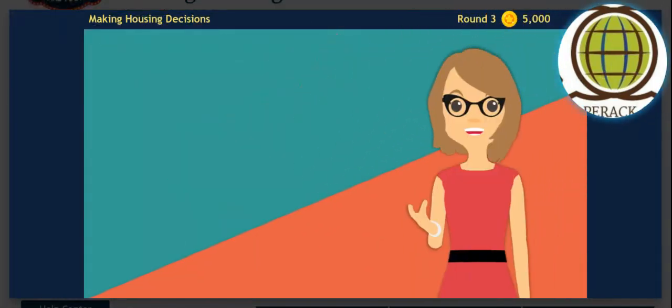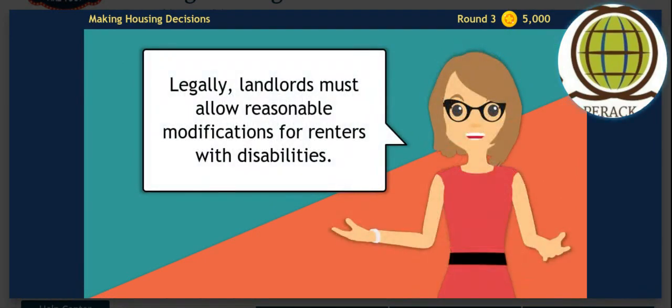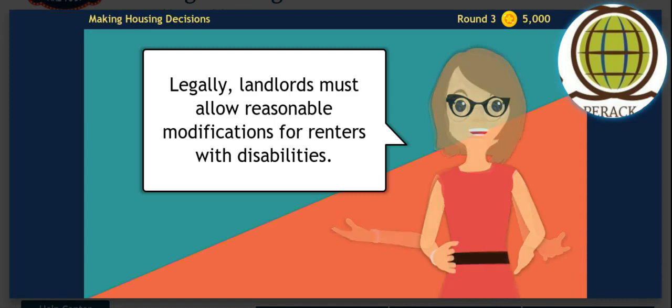That's correct. Paulo can either make the modification himself or pay someone else to do it. Federal law permits renters with disabilities to make reasonable modifications, like adding a support bar to the shower, widening a doorway, or lowering kitchen cabinets. The renter is required to pay for the modification, but a landlord could choose to pay for the modification as well.